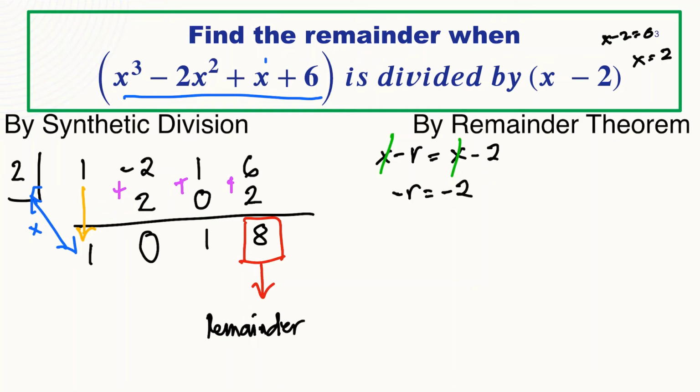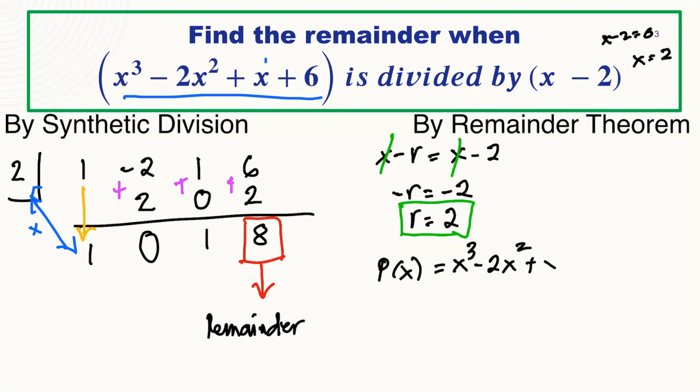If we divide both sides by negative 1, that will give us r equals positive 2. So this is our small r. Now let's substitute this to our p of x. Our p of x is simply x cubed minus 2x squared plus x plus 6.